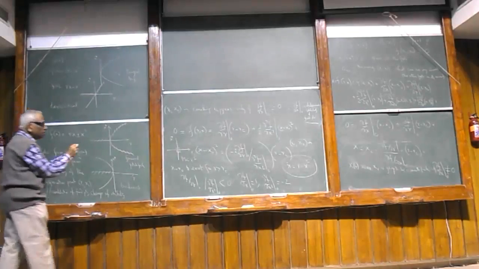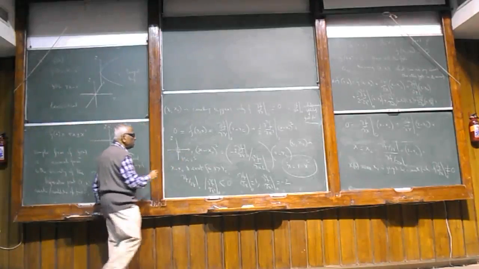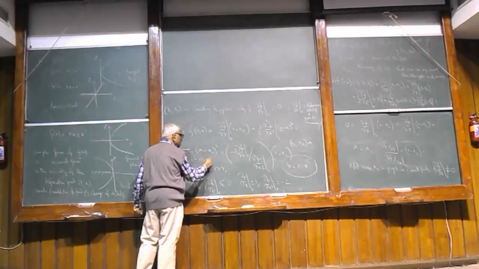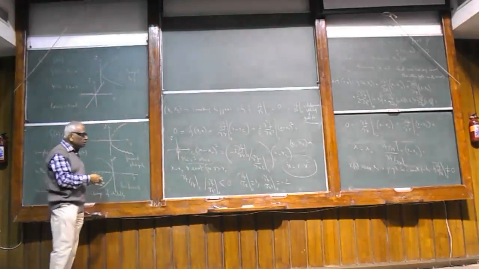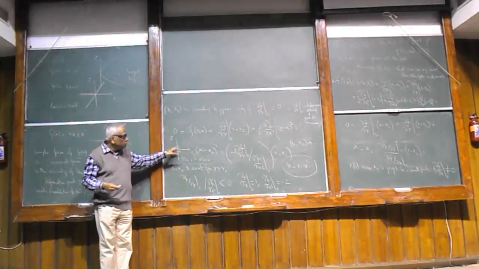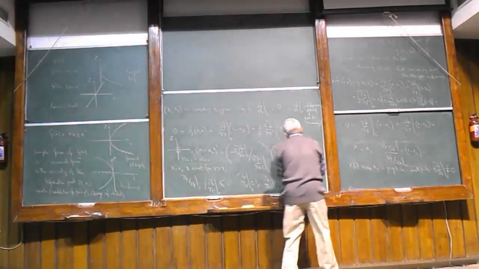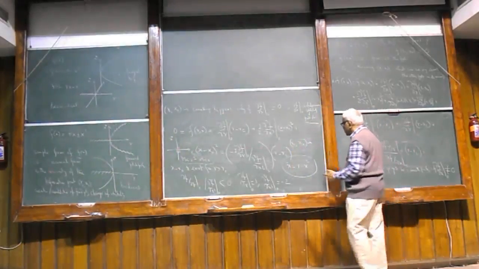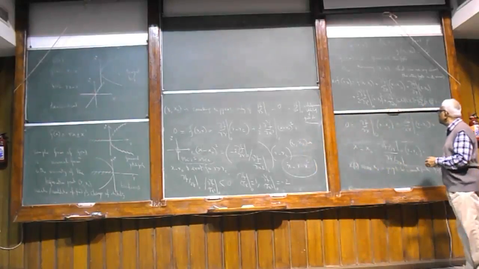I imagine a region which is mod r less than epsilon squared and mod x star less than epsilon. So if I look in this neighborhood of the origin over here, you are looking at a term of order epsilon squared over here, and a term of the order of epsilon squared over here.